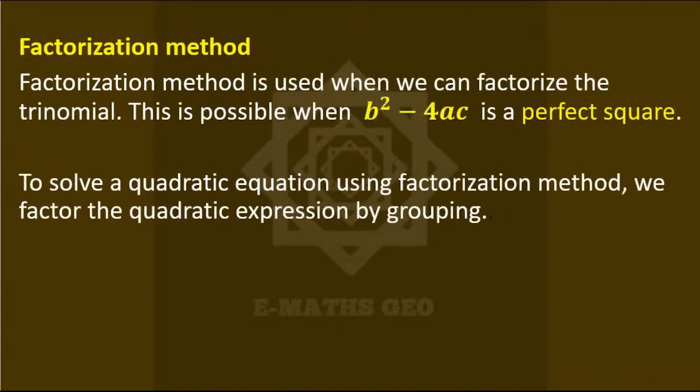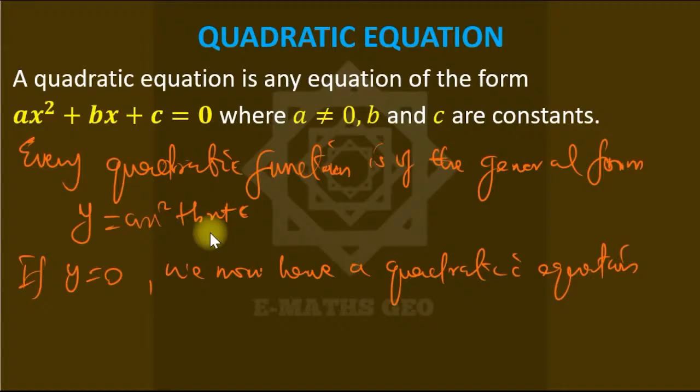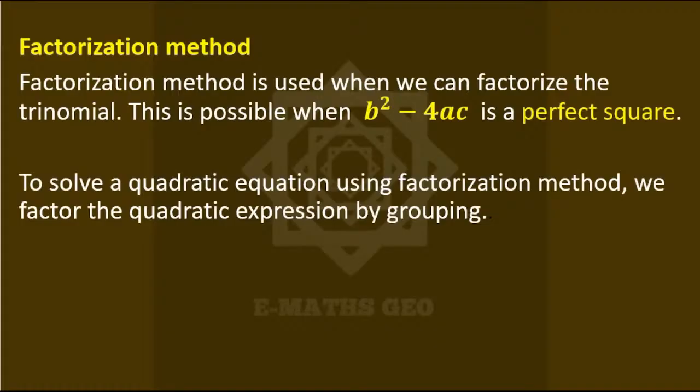To solve a quadratic equation by factorization, we need to check if the quadratic function is factorizable, that is, if ax squared plus bx plus c is factorizable. Once it's factorizable, we can solve it. So how do you know it's factorizable? That's the main question.